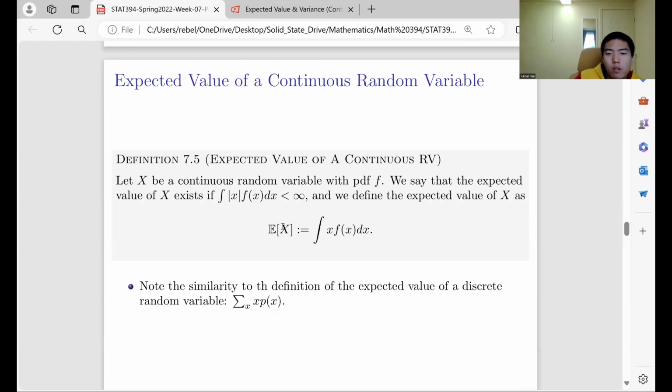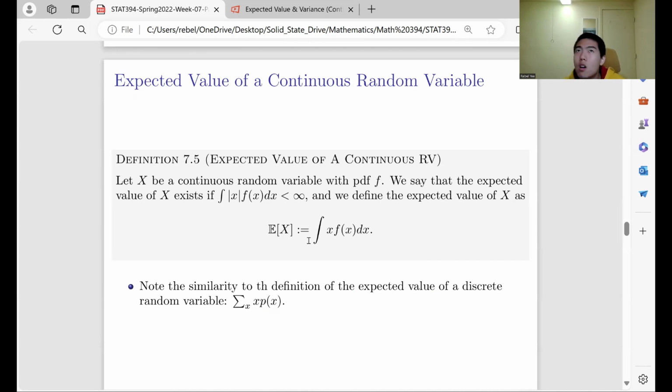So the expected value of a continuous random variable x is defined as this, where this is the PDF of x. We do the PDF times x and then do the integration to find out its expected value. And notice that this should be a definite integral instead of an indefinite integral. It's written as an indefinite integral because the domain is not defined.